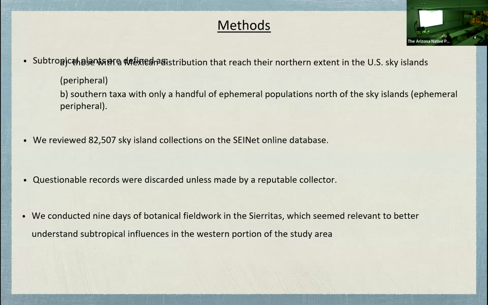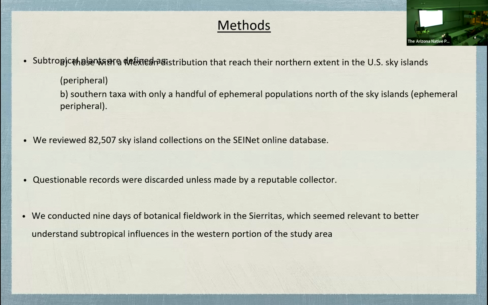It seemed at the time a little late, but it seemed like a really good idea to go and collect as much in the Sierritas as possible to better understand the subtropical influences in that range, because the Baboquivaris are on one side, the Santa Ritas on the other side, and the Atascosas and Tumacacoris to the south. It was positioned in the perfect location in a warmer area.